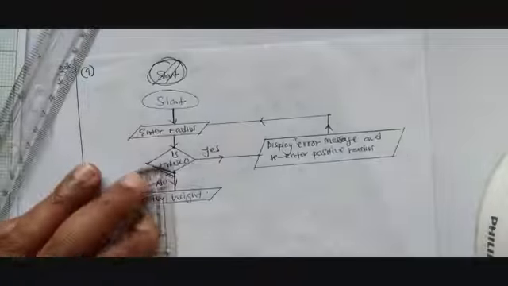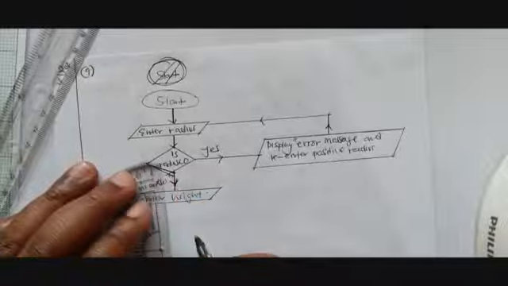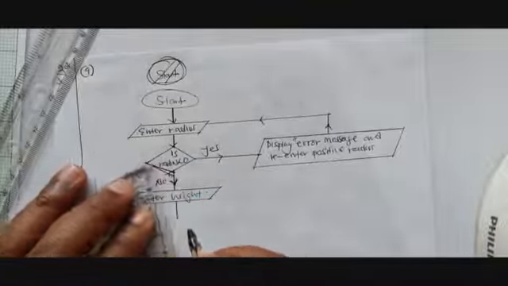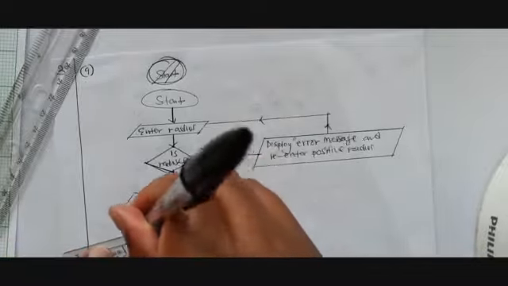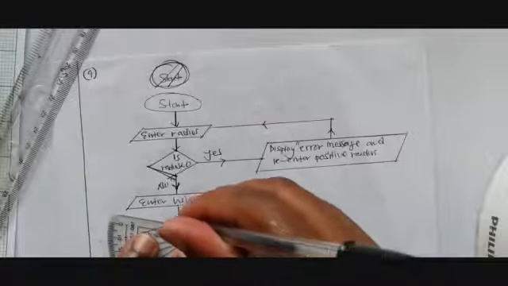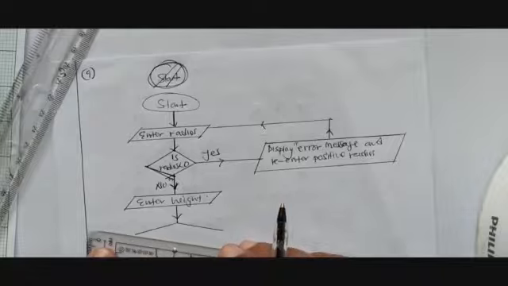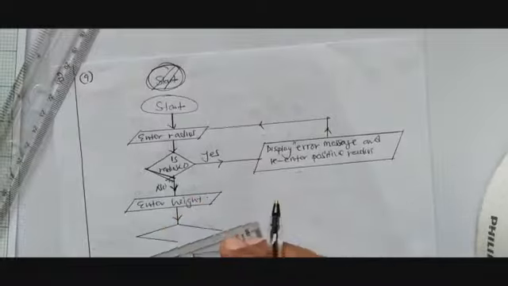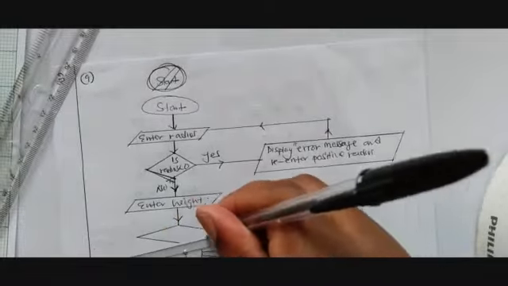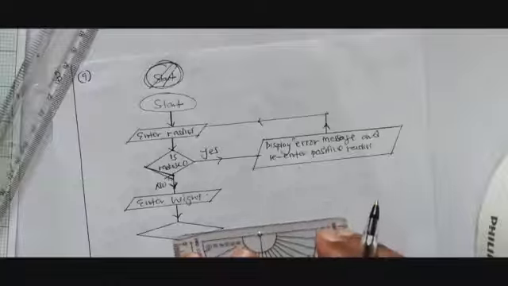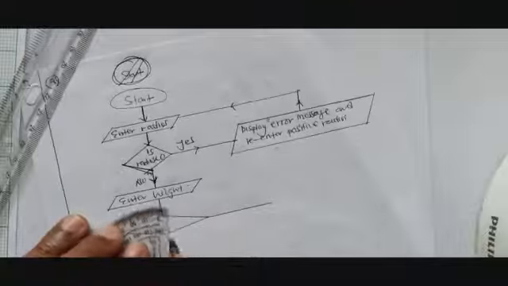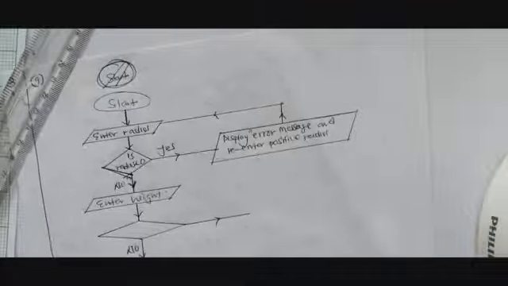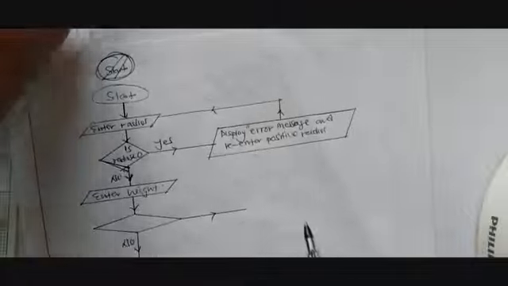We bring a decision box here because of the if condition. So put an arrow here, then bring the decision box, the diamond. This side we might say yes, it doesn't matter where you put it, and here you can say no.